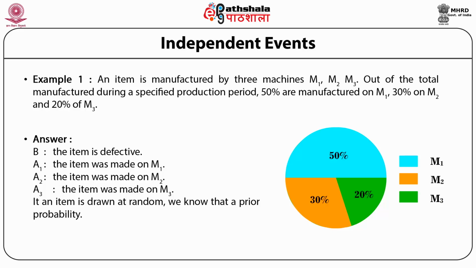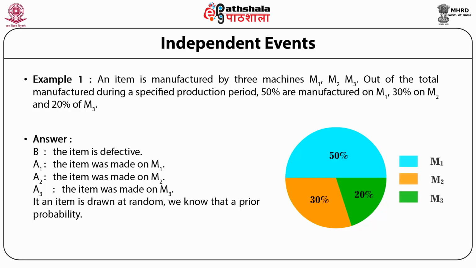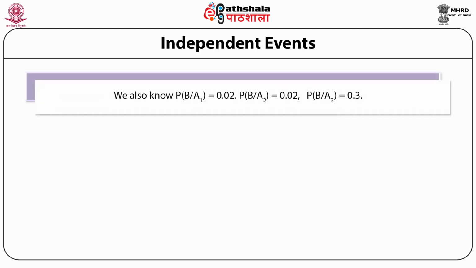Now start the solution. Let B be defined as the item is defective. A1 is the item was made on M1, A2 is made on M2, A3 is for an item produced on M3. An item is drawn at random. We know the prior probabilities of A1, A2 and A3 are given.